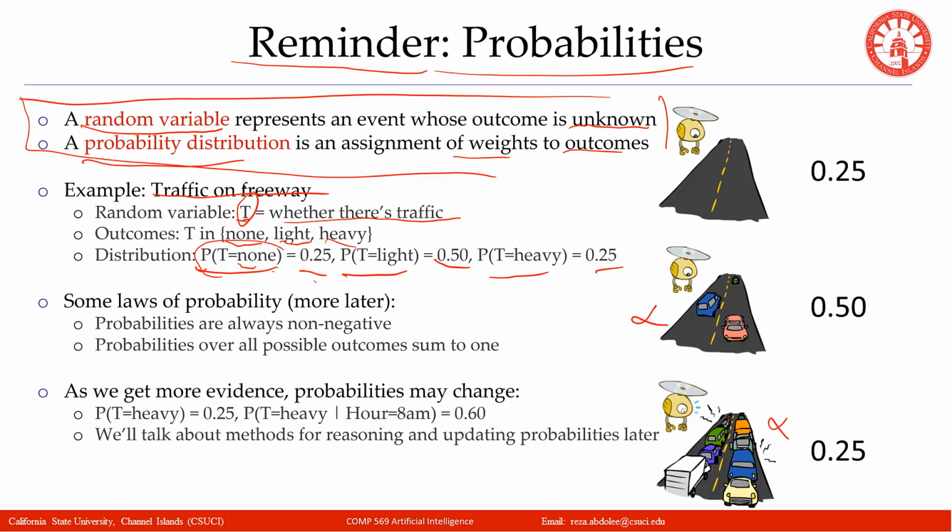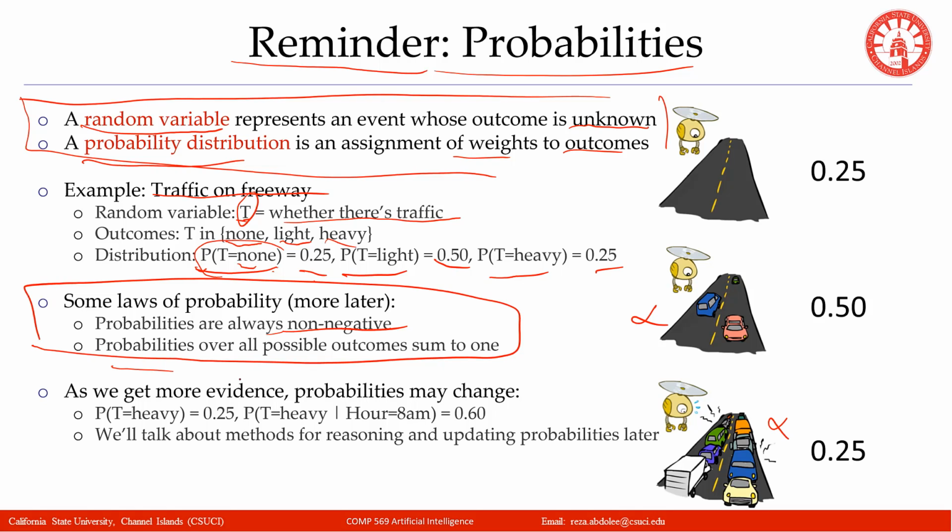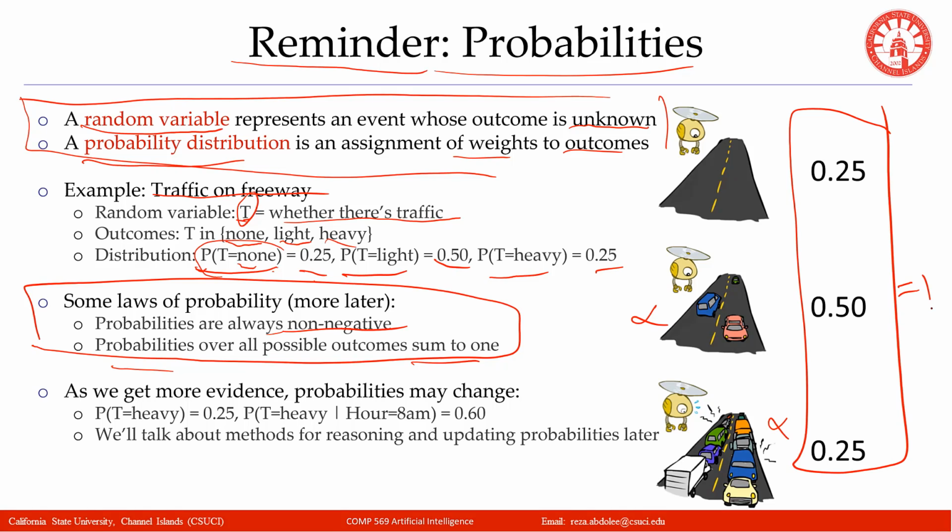These are some of the rules in probability. Probabilities are always non-negative, you know that, and the probabilities of all possible outcomes sum to 1. For example, in here, if you add all those probabilities, you're going to get the number 1. As you get more information and evidence on those events, your probability may change.